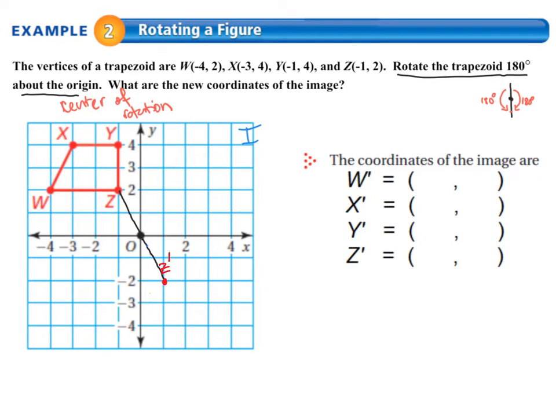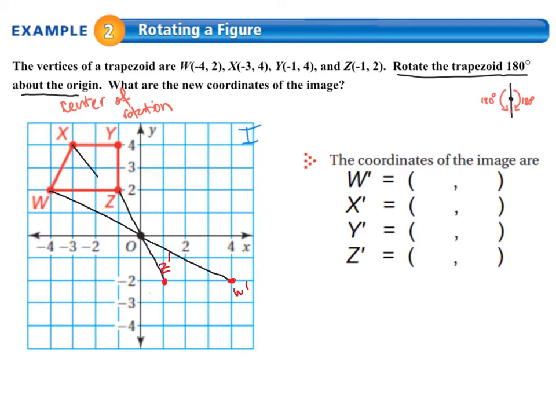The similar stuff is going to happen with the other points, and we could keep drawing all these lines. So I could draw from W to the origin, and then that same line continuing out would go over there, and we would end up with W prime out here. And continue, and hopefully after a little while you start to see how this works and can get oriented as to what the drawing looks like.